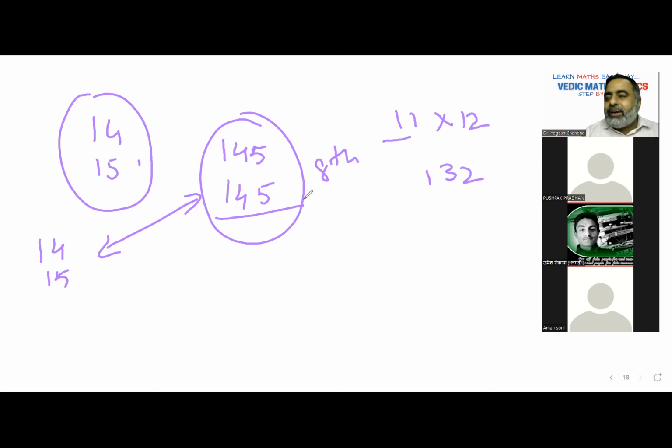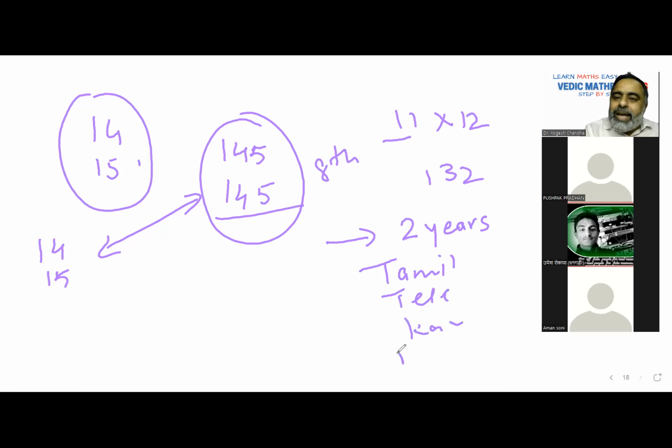I'll give you one example. I have a preschool chain, and I had a school in Rammurthy Nagar in Bangalore. In a day care, I had a student who was 6 months old when the parents left him with us. That child was in the school from 8 AM to 7 PM, approximately 11 hours. When that child became 2 years old, you know how many languages that child knew? 6 languages: Tamil, Telugu, Kannada, Malayalam, English, Hindi. Why?